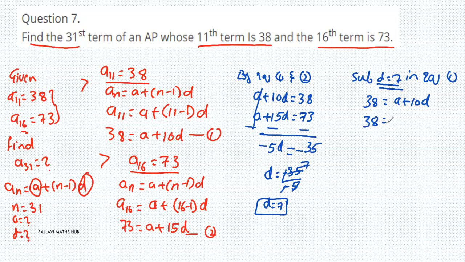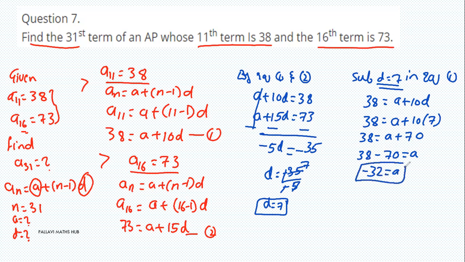Substitute here. 38 is equal to A plus 10 into 7, which is 70. 38 minus 70 is equal to A, because you need to find out the value of A. So that's why take 70 to the left hand side. 38 minus 70, which is minus 32, is equal to A. Yes, you got the value of A and D. So here A value is minus 32, D value is 7.